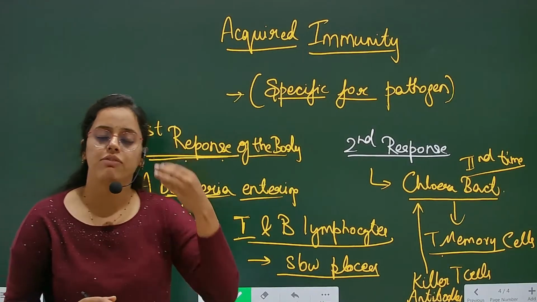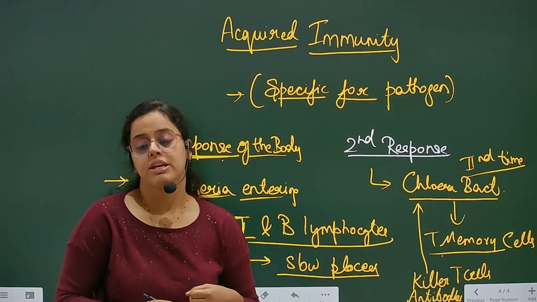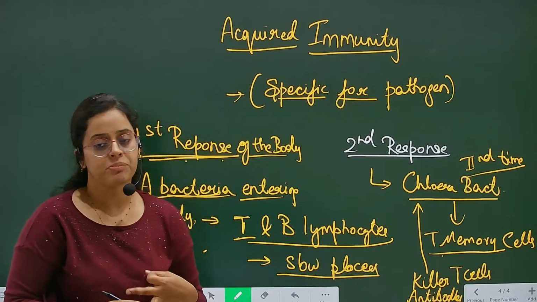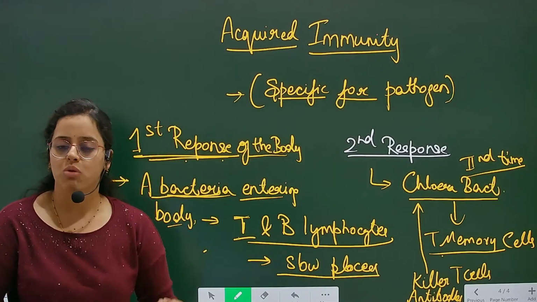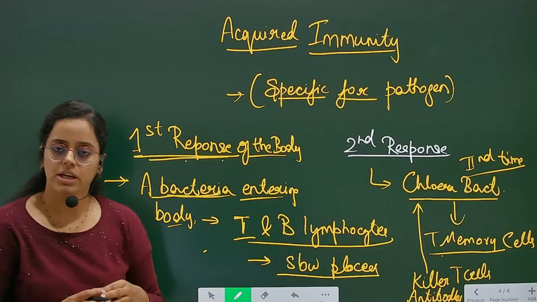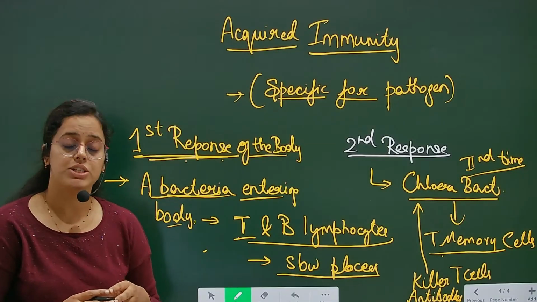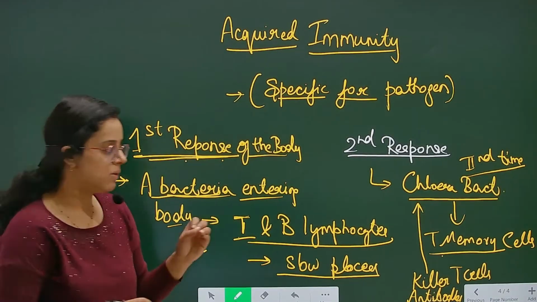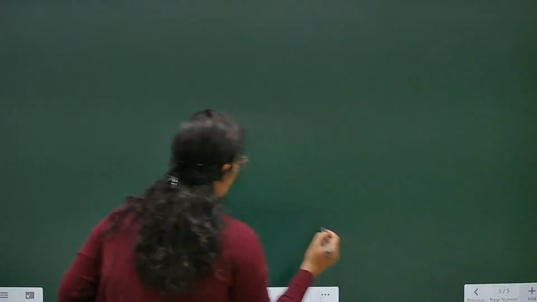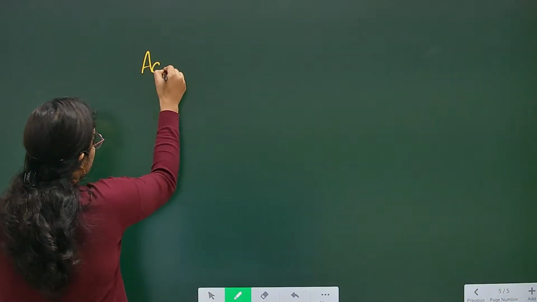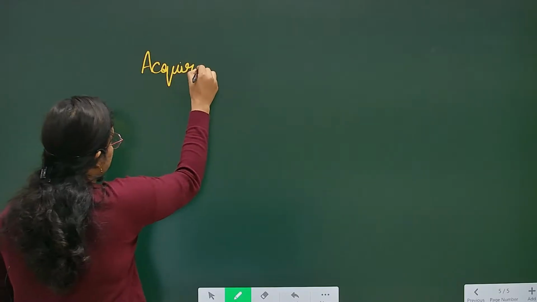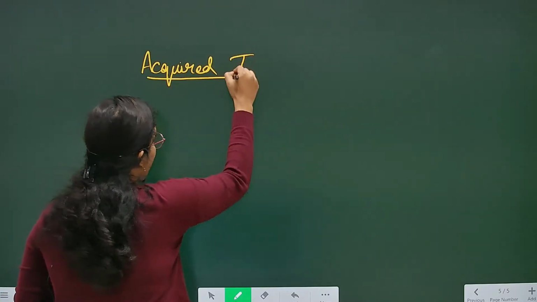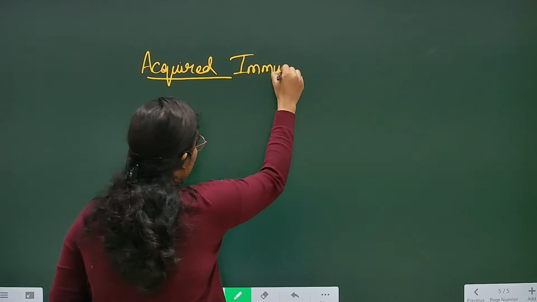T cells are further divided into killer T cells and memory T cells. B lymphocytes form the antibodies to kill the infectious pathogen. Now let us see the characteristic features of acquired immunity.